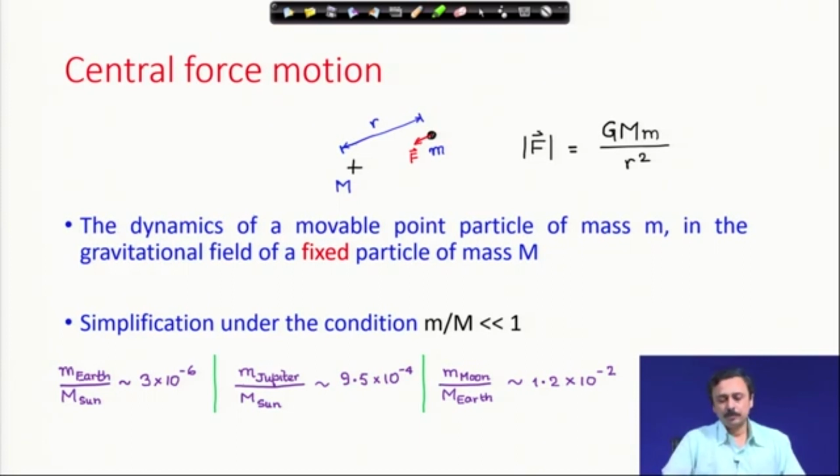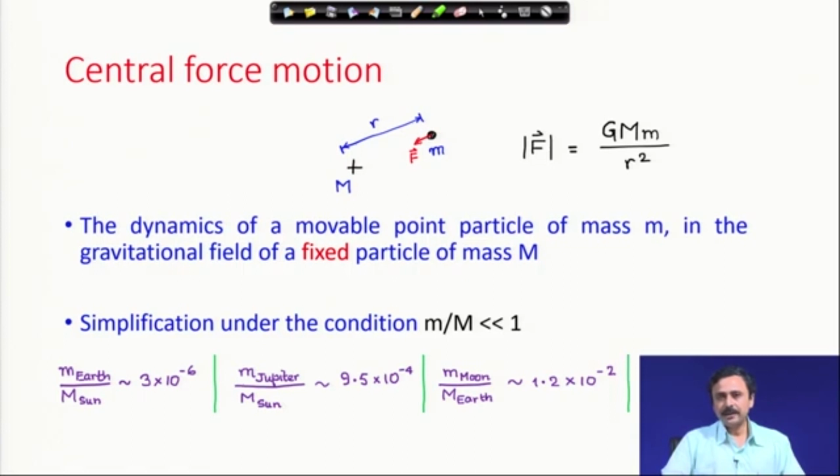Now, the Moon and the Earth. The Moon is also moving around the Earth, and it is being gravitated by the Earth as the central gravitating field. Now, this ratio turns out to be 1.2 into 10 to the minus 2, which is very high. Therefore, for the Moon-Earth system, if you want to study with the Earth as a fixed central gravitating object, then this is going to be quite erroneous.